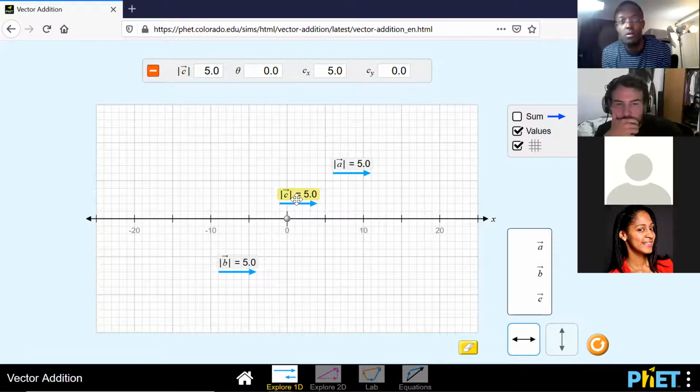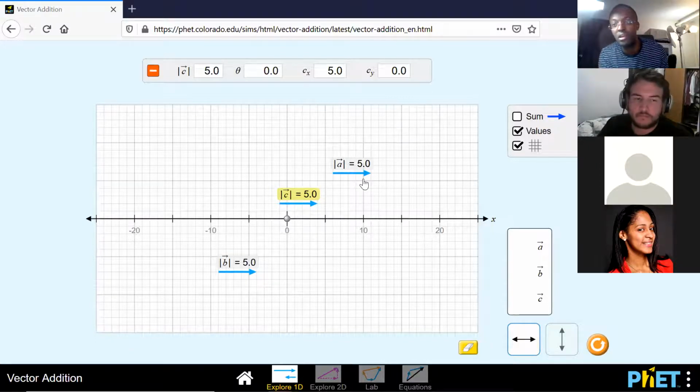But here, we can say negative or positive. So which one of the two is it? Positive or negative? It's positive. So all three of them are pointing towards the positive direction. That would be the answer to question number 5.